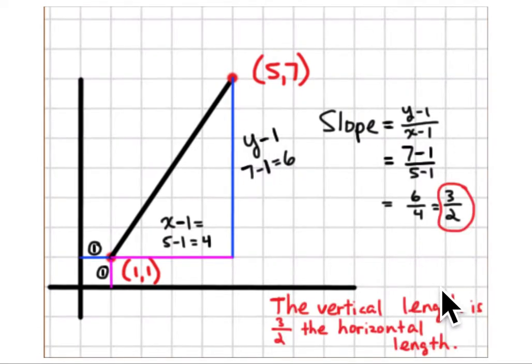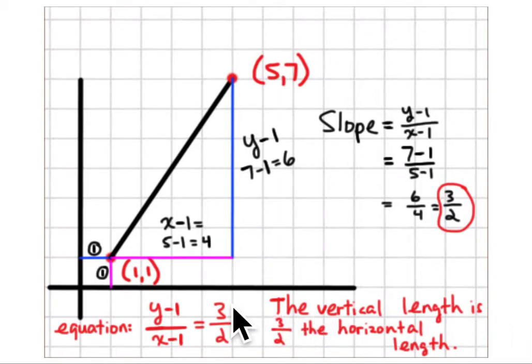So the equation in words, the vertical length is 3/2 the horizontal length. So whatever the vertical length is, whatever the horizontal length is, the vertical length is 3/2 of that horizontal length. So the equation looks like this. The left side is the same as the last problem, y minus 1 over x minus 1.